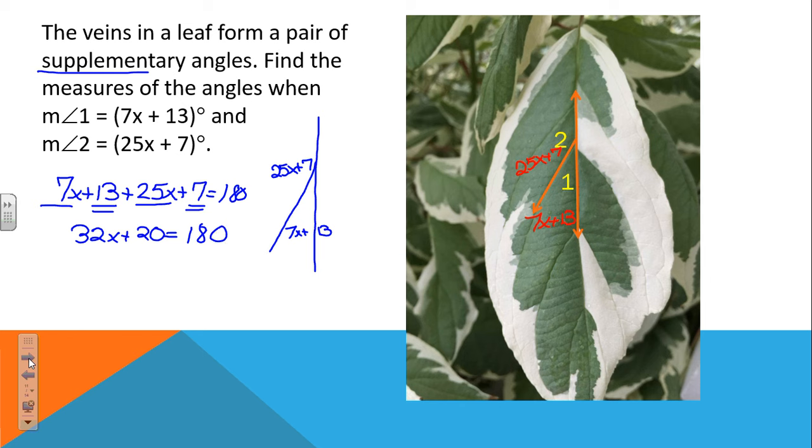Now what do we do? Take away 20 from both sides. So 32x equals 160, right? And then we divide. What do we get? 5.